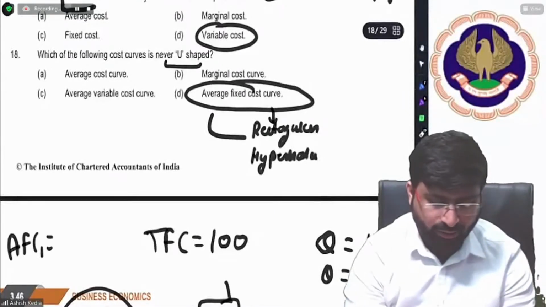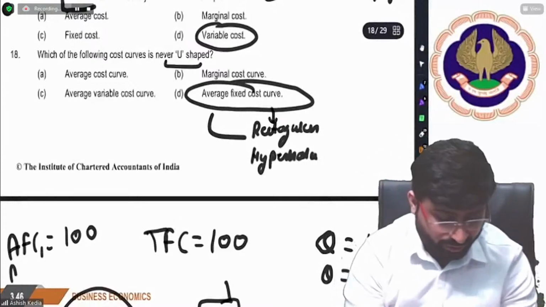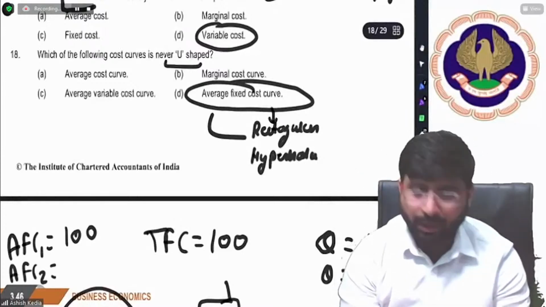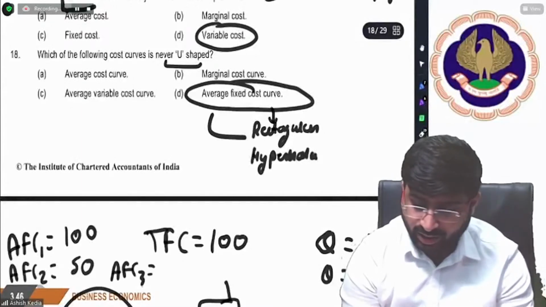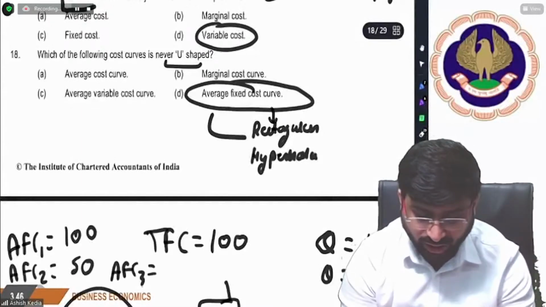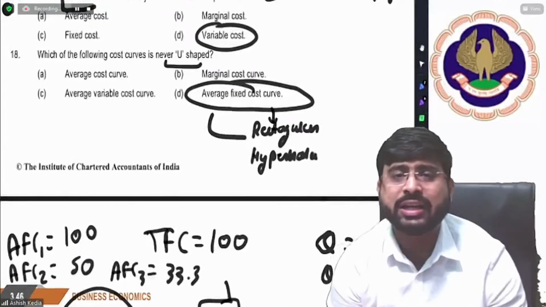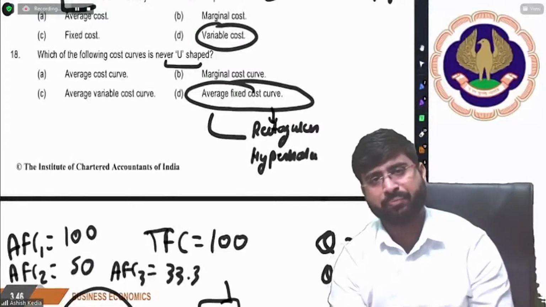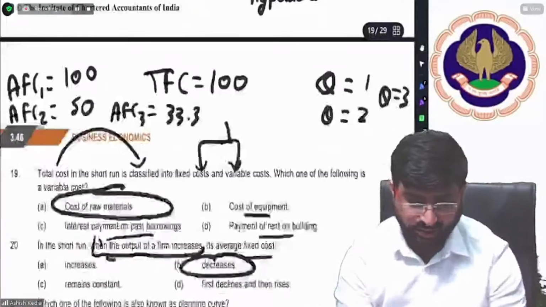Average fixed cost at level 1 is 100 by 1, that's 100. At level 2 it is 100 by 2, that's 50. At level 3 it is 100 by 3, that's 33.3. And hence you can see your AFC curve constantly falling down. You have got your answer, I believe.